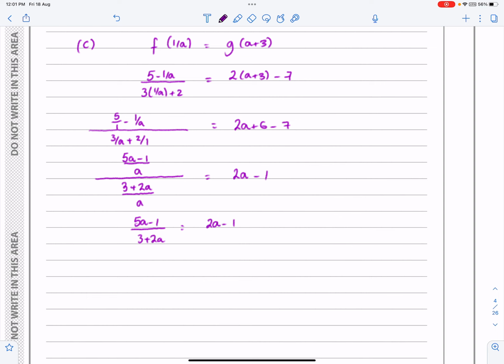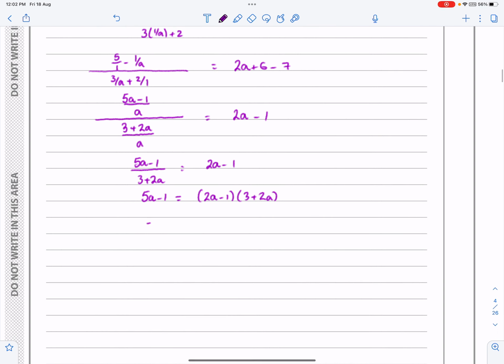You might have done that slightly quicker in a different way, whichever. I'm obviously just trying to make it clear to people of the steps that I'm going through there. But as long as we end up with what we're going to do here now, take the 3 plus 2a over, looks to me like we're going to end up with a quadratic in a. So just take your time and make sure you're not making any mistakes here. No rush with this one. 5a minus 1.